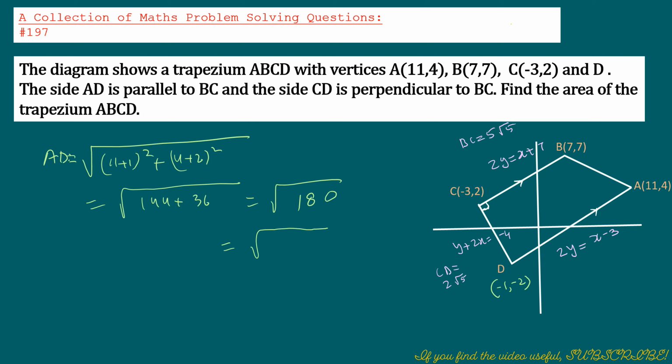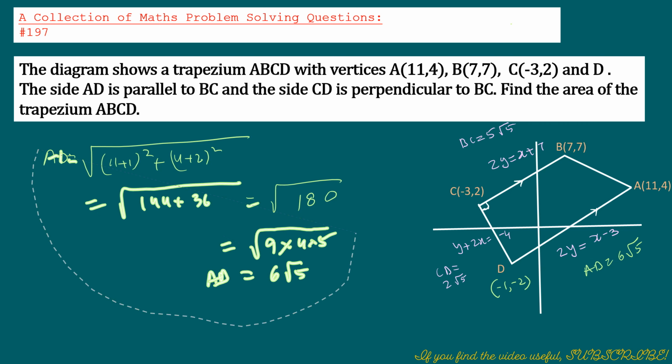You can write it as 9 times 20, or 9 times 4 times 5, and outside the square root that would be 3 times 2, 6 root 5, and that is AD. So AD equals 6 root 5. I think we have everything now to find the area.